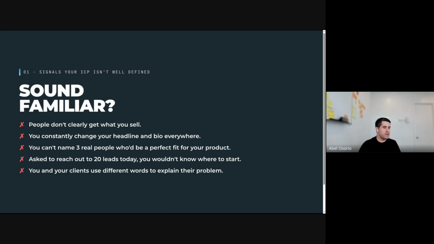The third signal is actually kind of my test with a lot of founders, which is: name 3 people in your network that could be a perfect fit for your product. And with that, I mean that they can buy it right now. Not people that say, okay, yes, that's a great product, maybe sometime I could use it, but really 3 people in your network that need your product right now.